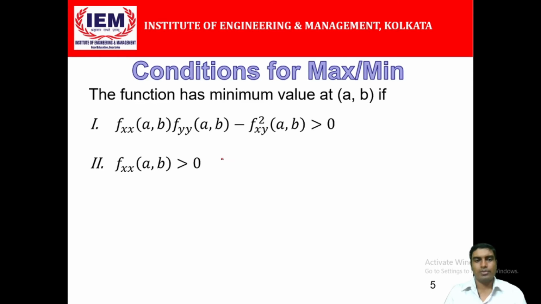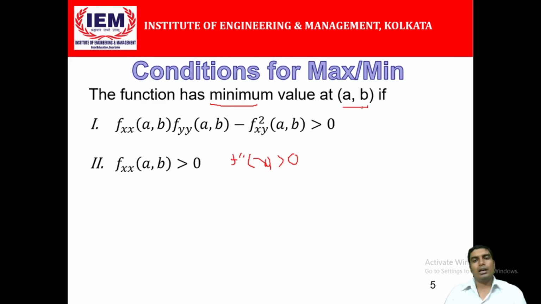It is the same as the single variable case, where f double dash of x greater than 0 means the function has a minimum. Similarly here, if r is greater than 0 and this whole term is also greater than 0, then we can say the function has a minimum at the point (a, b).